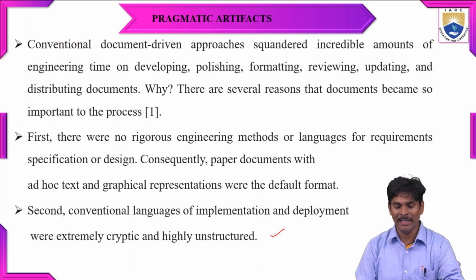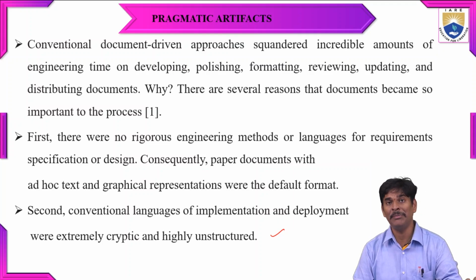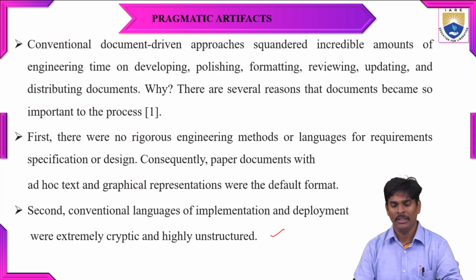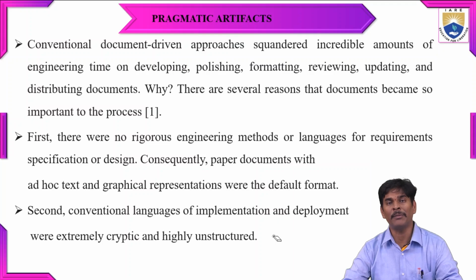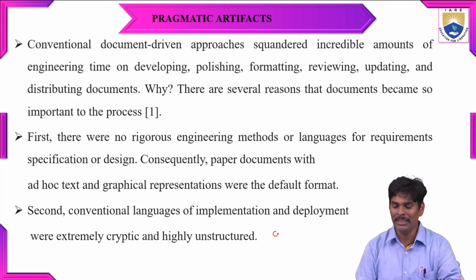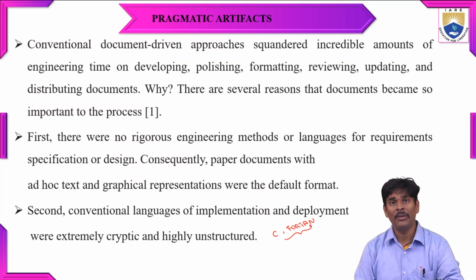In the deployment, they need to check that it is extremely cryptic and highly unstructured. Here they need to choose the correct programming language for implementing the coding part. For example, if they consider C programming or Fortran for doing the project, the source lines of code, or LOC, will be very high.